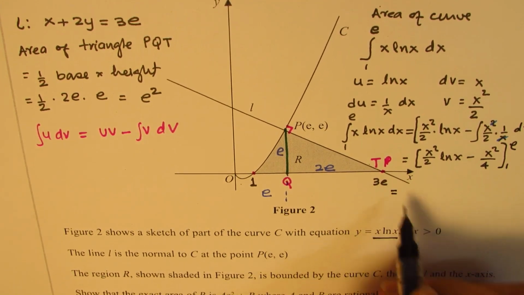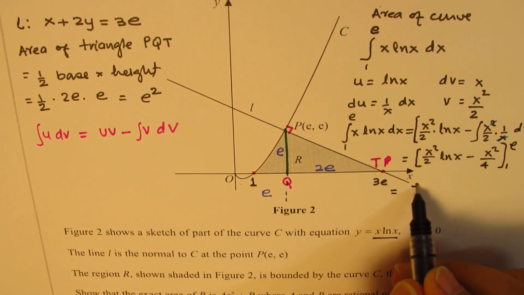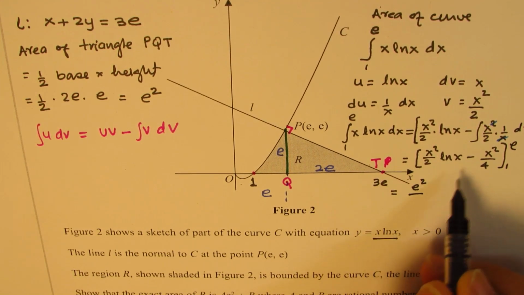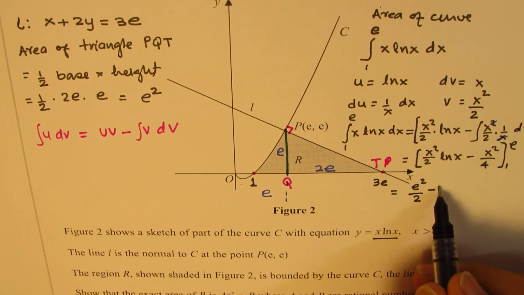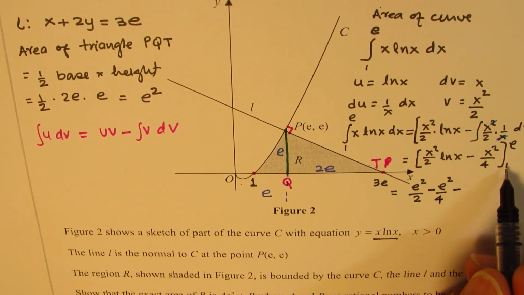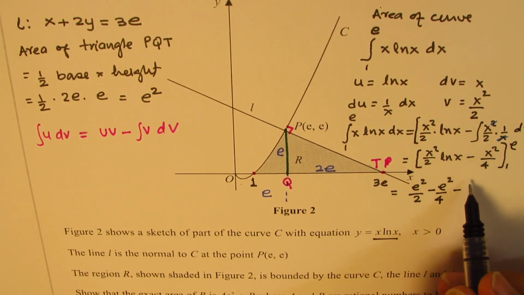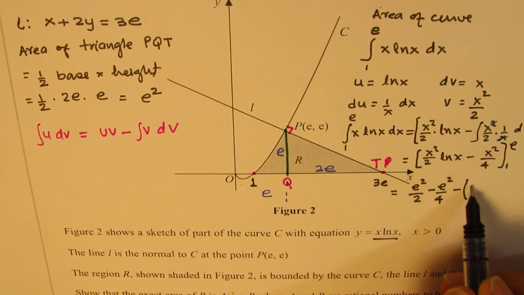Now let's find the area. Substituting e, we get ln e is 1, so we get e squared by 2. Here we get minus e squared by 4, and then we take away, substitute 1 here. So let me write in brackets. So minus 1, that becomes 0, right?